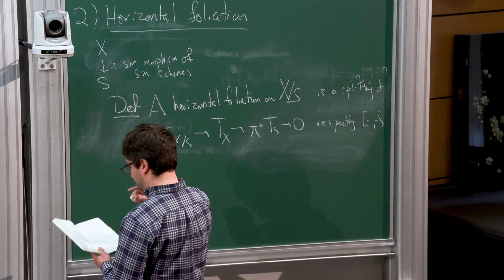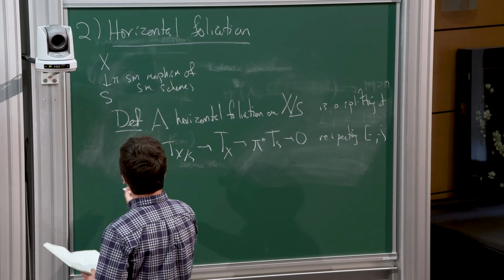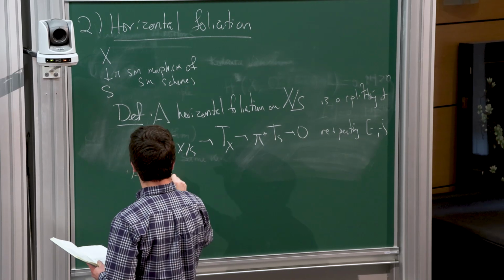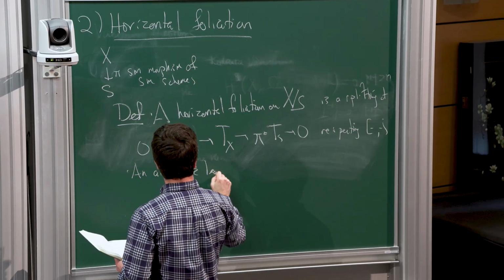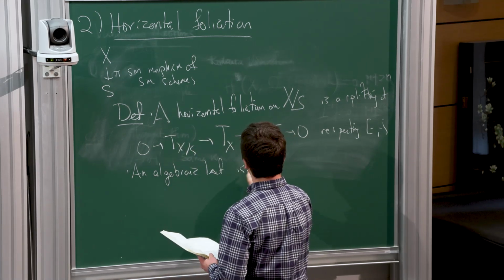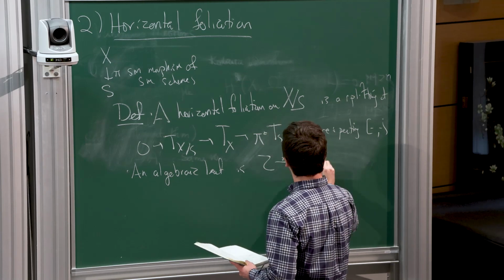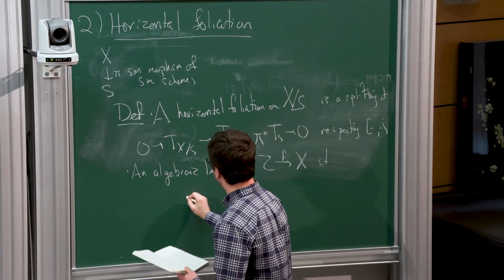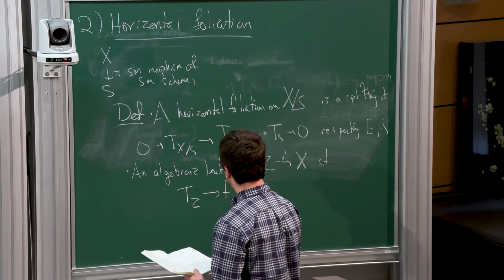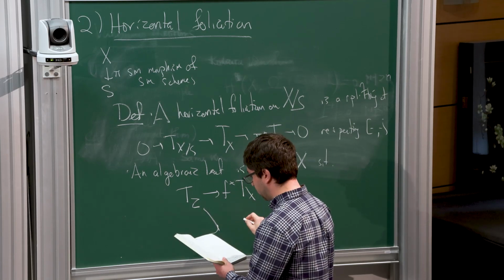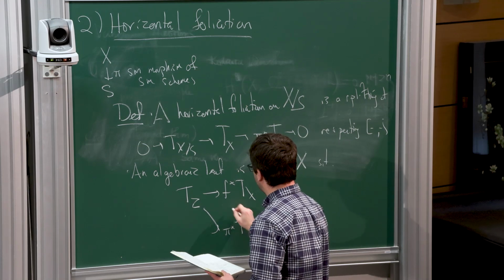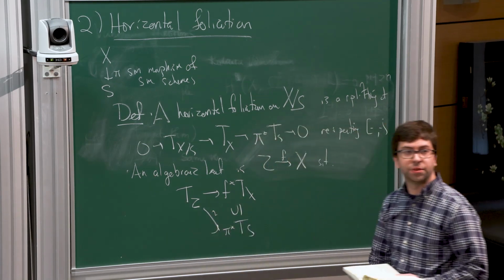And then, well, what is an algebraic leaf? An algebraic leaf is a map Z to X such that, given such a map, you get a map from T_Z to the pullback of the tangent sheaf of X. And I would like this to factor through pi star T_S, which I think of as a subsheaf, and I would like this to be an isomorphism.